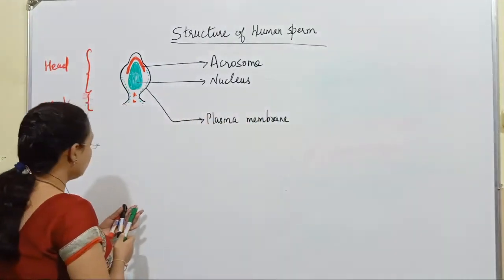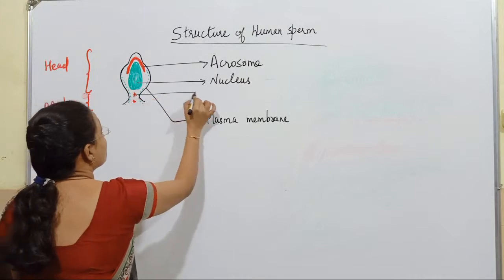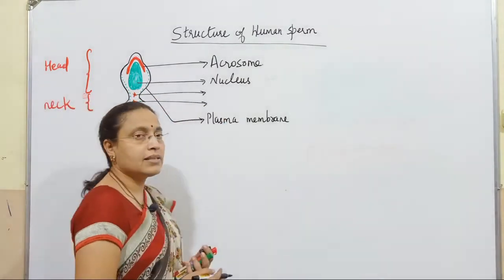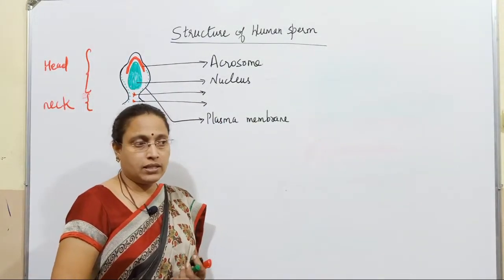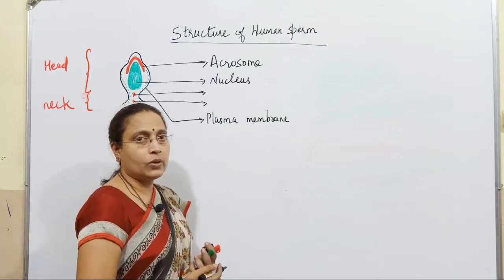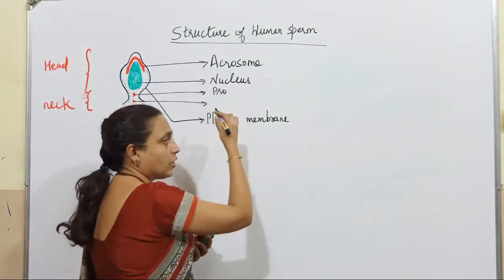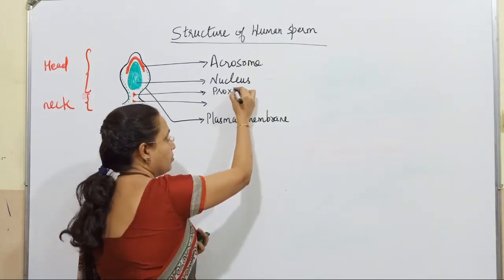Now next is the centriole, which usually lies perpendicular to each other. There are two centrioles present. One centriole, which is near to the nucleus, is called the proximal centriole.